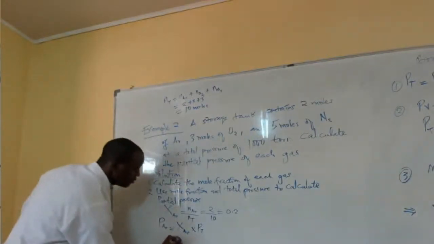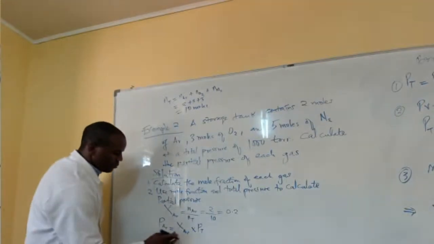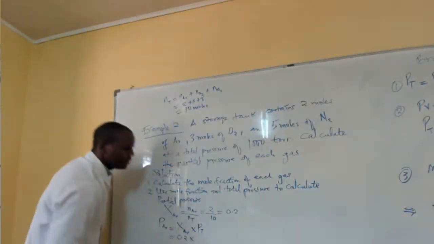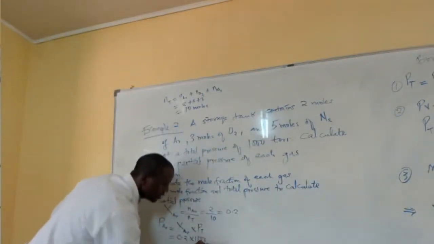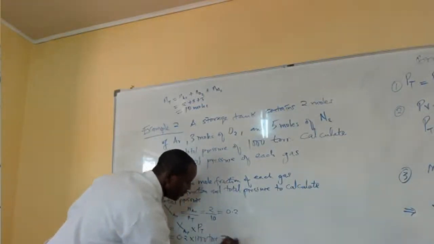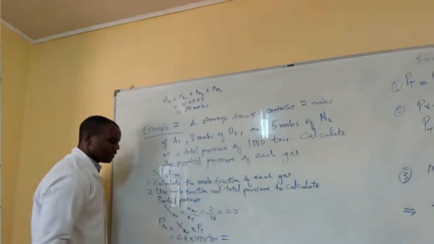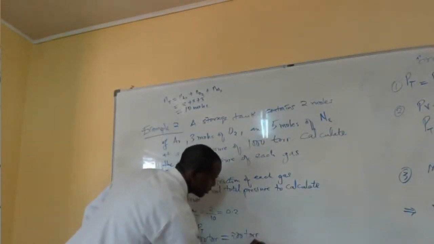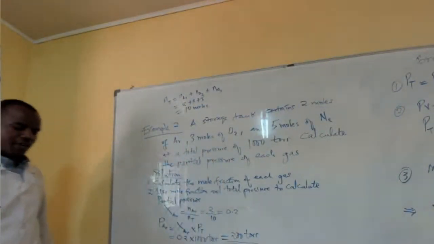So the mole fraction of argon is 0.2 times the total pressure in the container, 1,000 torr. Therefore, the partial pressure of argon is 0.2 times 1,000, which is 200 torr.